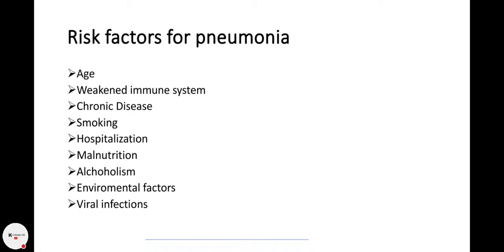Immunocompromised conditions such as HIV, AIDS, or undergoing chemotherapy also elevate the risk. Essentially, anything that weakens the immune system or compromises respiratory health can increase the likelihood of developing pneumonia. Viral infection, environmental factors, alcoholism, malnutrition, hospitalization, smoking, chronic disease, weakened immune system, all are discussed.